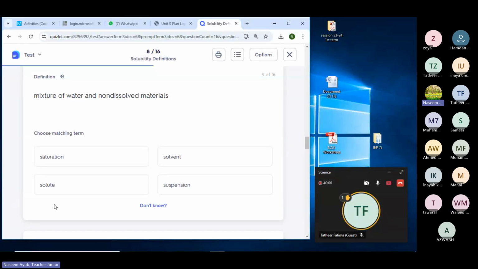Saturation. Yes, please speak up better. No need to raise your hand, you can just unmute yourself and speak up. I'm going to wind it up in 3 minutes, so please speak up. Yes, ma'am, saturation.